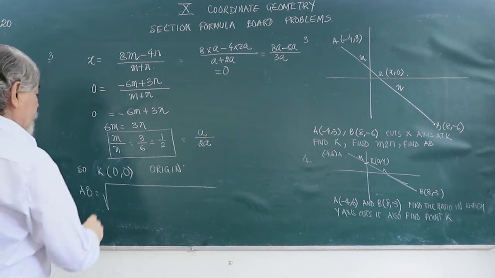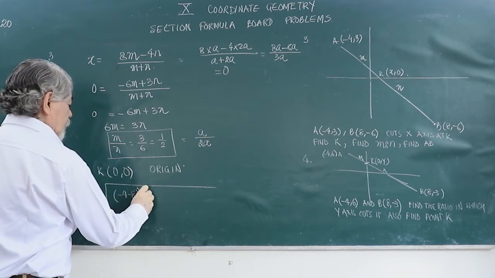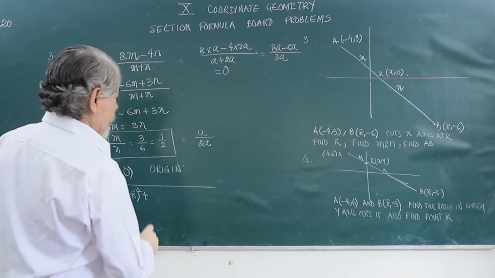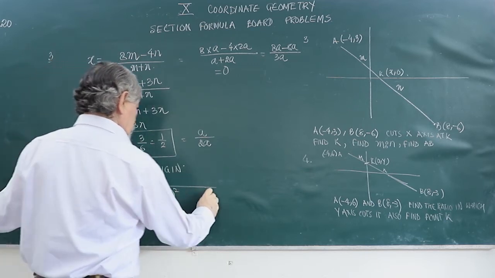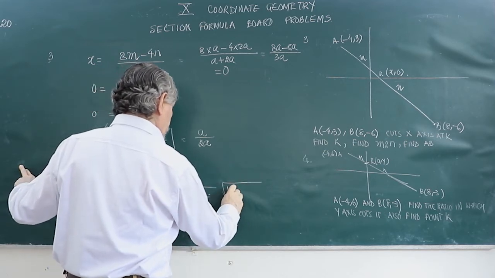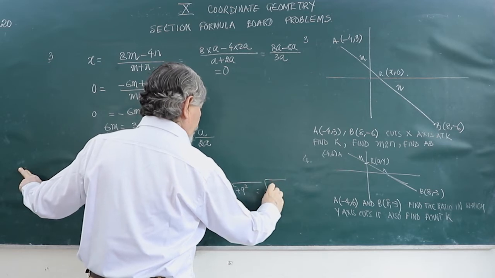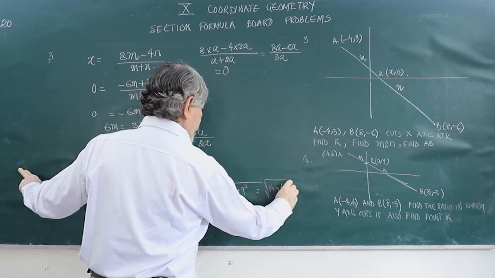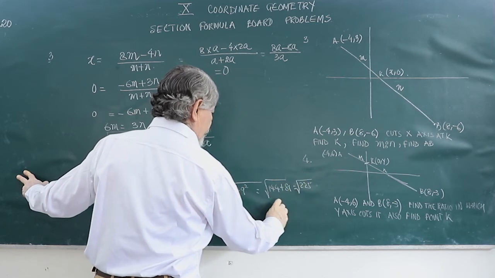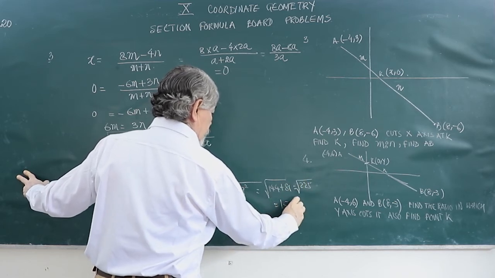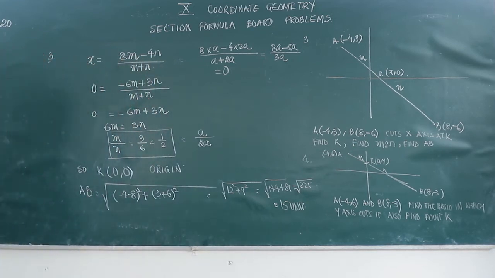That is minus 4 minus 8 whole square plus 3 plus 6 whole square. 12 whole square plus 9 whole square. 12 squared is 144, plus 81 is 225, which will be 15 units. So the length of AB will be 15 units.